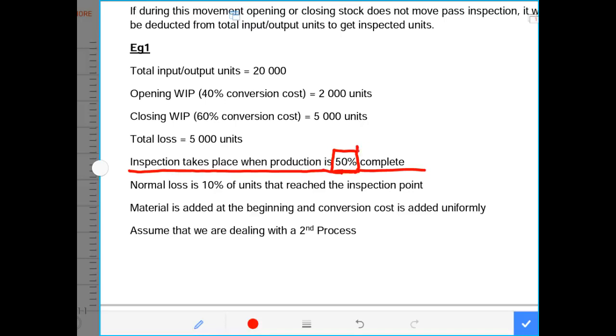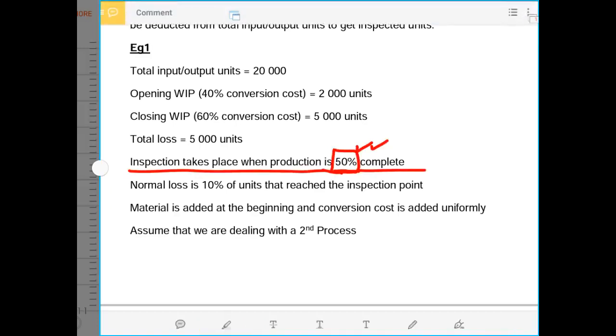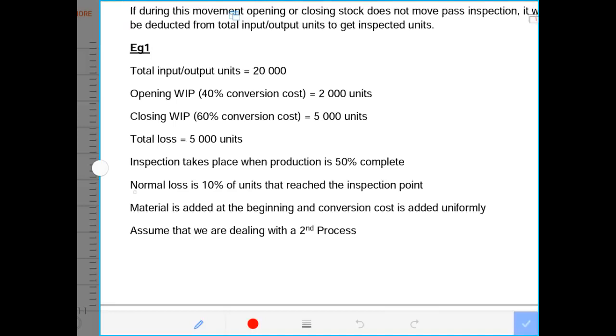So now this is the point where we have to determine whether we have made a loss in the production process, either normal or abnormal loss. Then it says normal loss is 10% of the units that, take note, that reach the point of inspection.